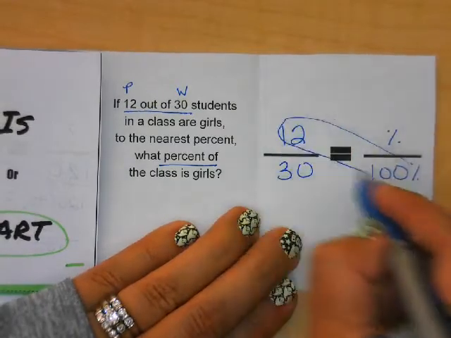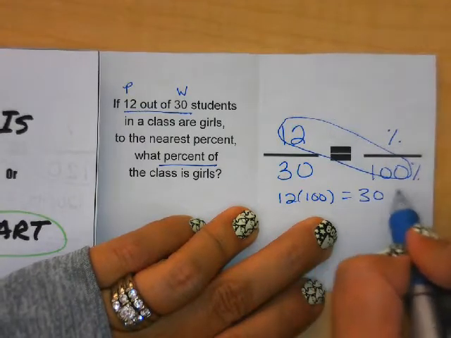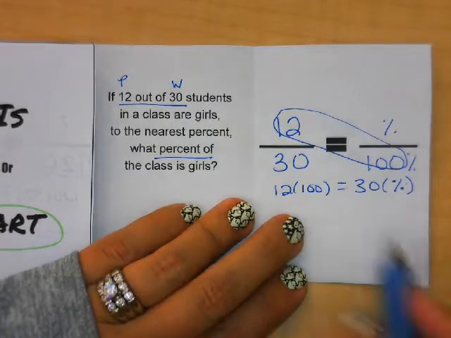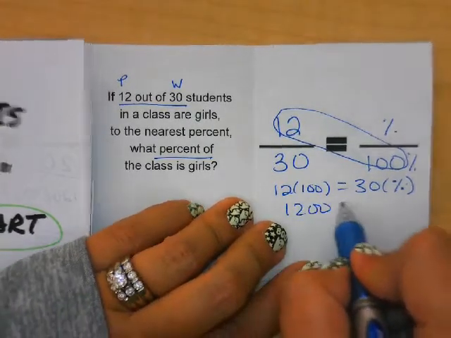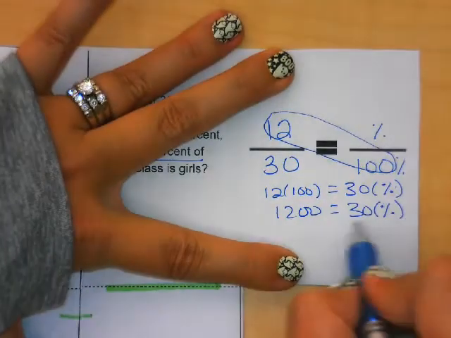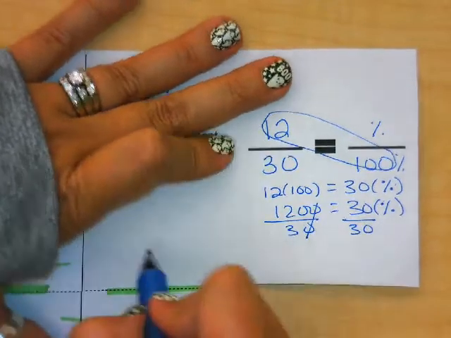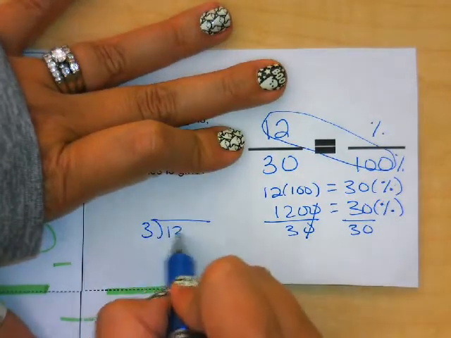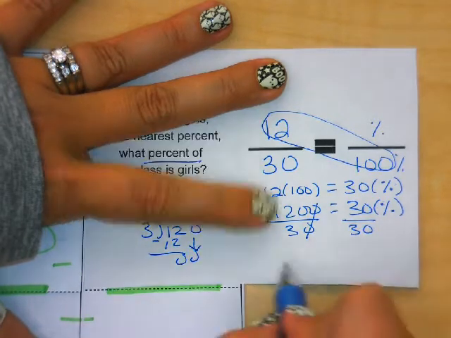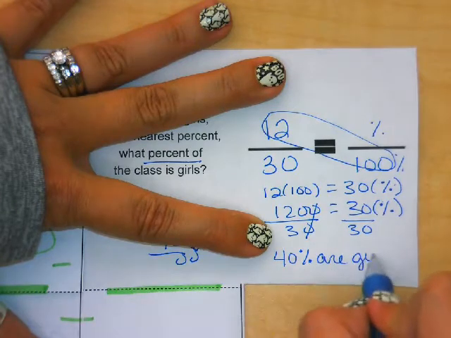We're going to multiply. 12 times 100 is equal to 30 times some percent. Make sure you put that in parentheses so you know that's what you're looking for. 1200 is equal to 30 times some percentage. Divide by 30. Take off your zeros. 3 goes into 120 40 times. So 40% are girls.